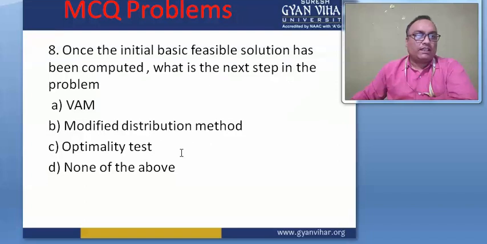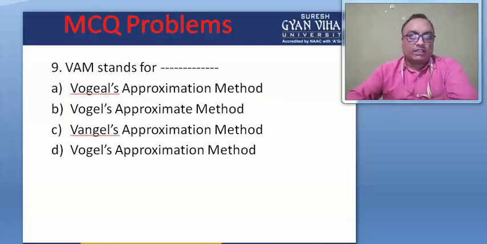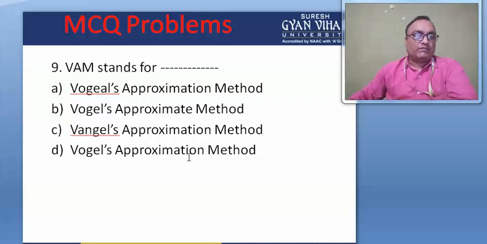And this is number 9, a very easy question. VAM stands for Vogel's approximation method. So D is the right answer for this question, right?